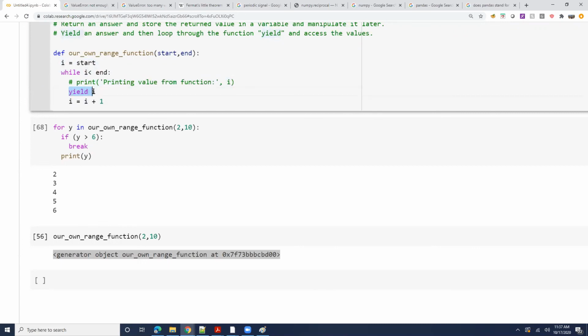Yield stops the function's execution at this point, and when you call it next time, it continues from here. So yield is like braking your car, return is like crashing your car. When you return, you're done. When you yield, you are stopping. You can still continue from wherever you yielded. Hopefully this analogy makes it clear.